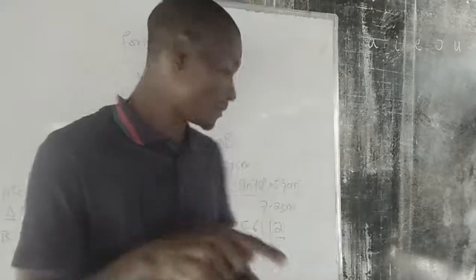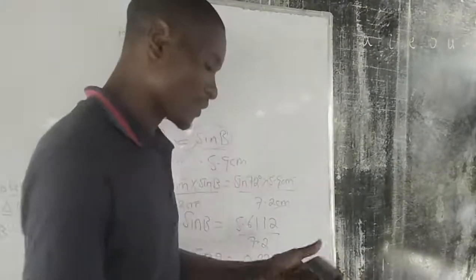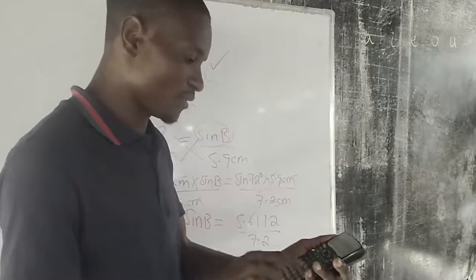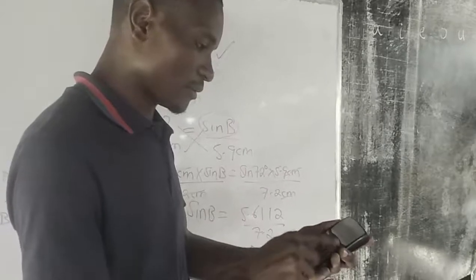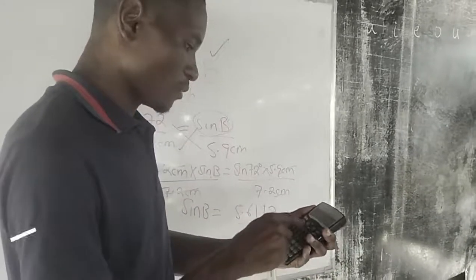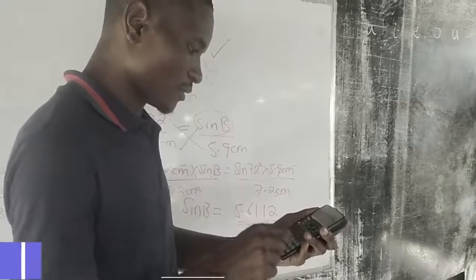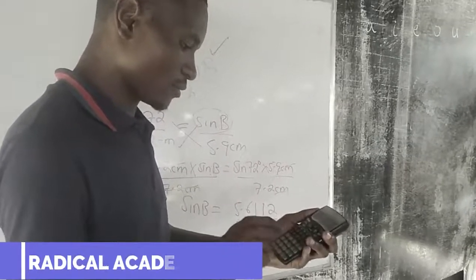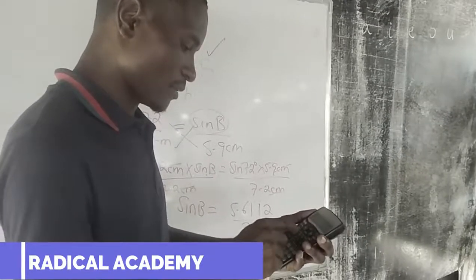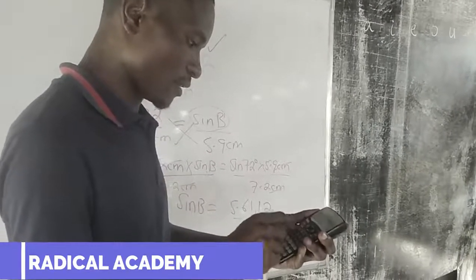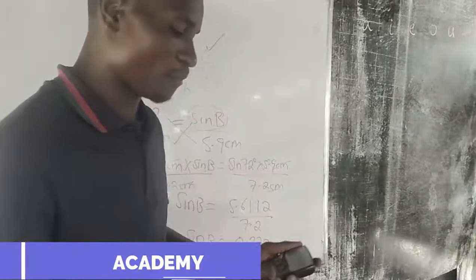So what do you do? Shift, sine, then 0.779.